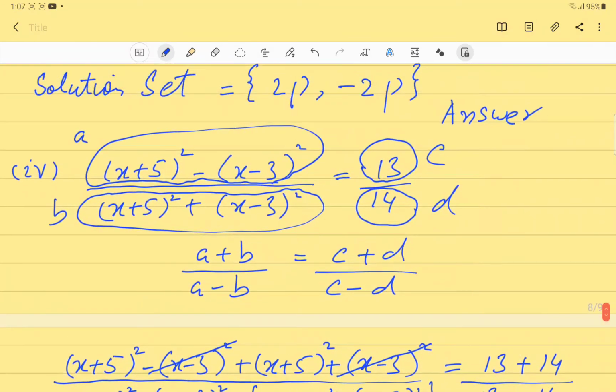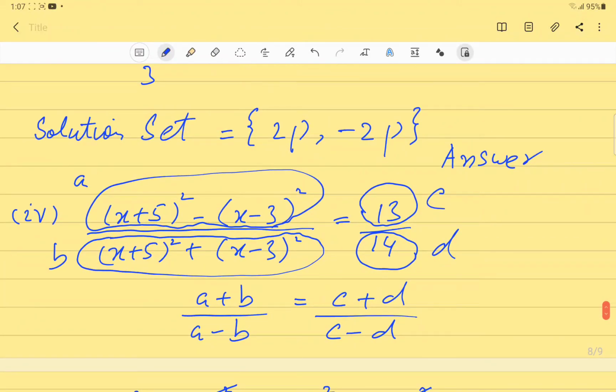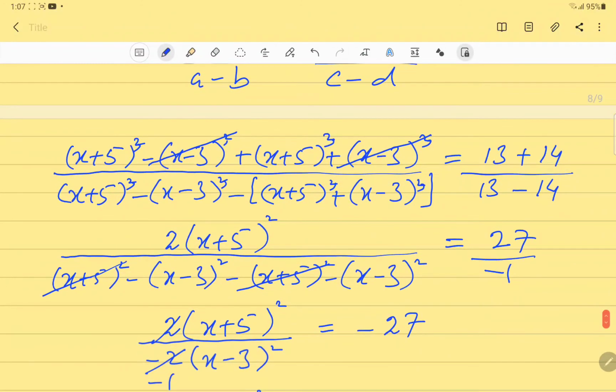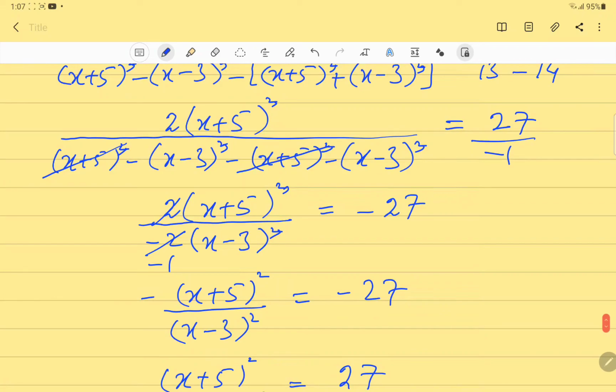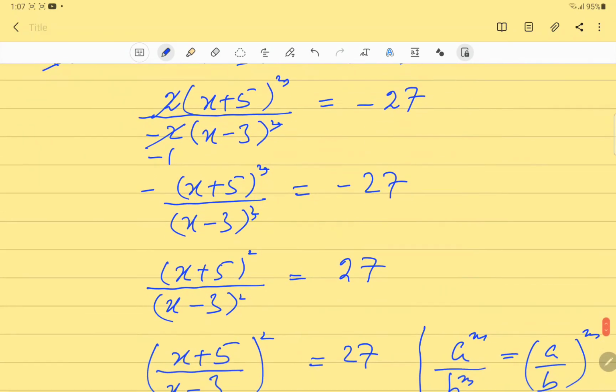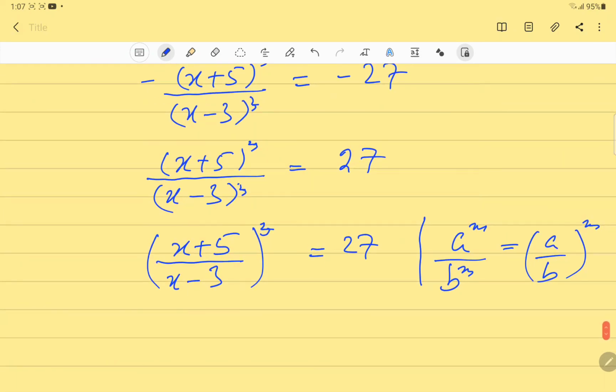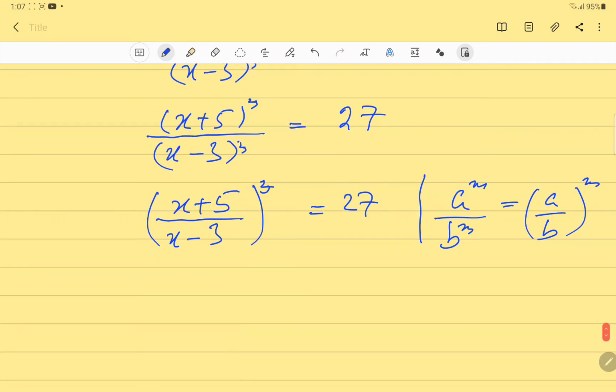We have made a very big mistake here. These are all actually cubed. It is not squared. Sorry for the mistake. Okay, I hope you did not mind it.